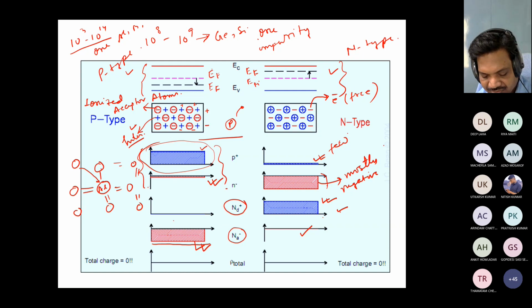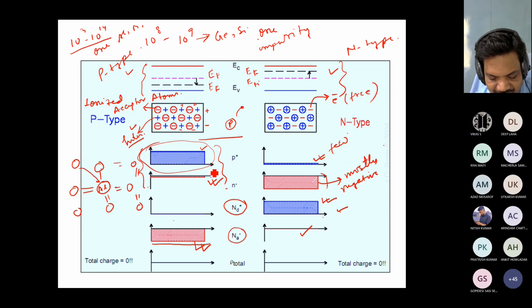Can you tell? Net charge is 0. What does it indicate? The total charge will be 0.